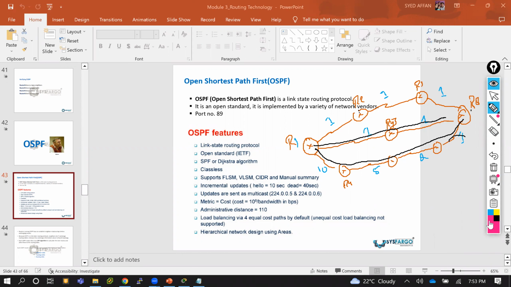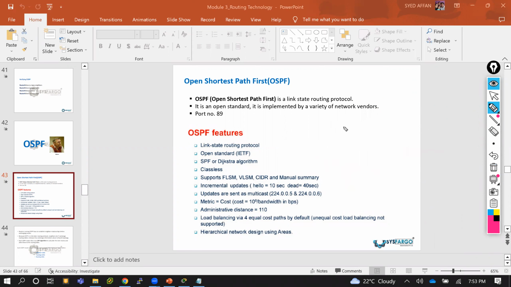So next we have the AD value, 110. For example, I have 2 routers, and in both I have implemented both protocols. Here we have 1.0, 2.0 and 3.0.